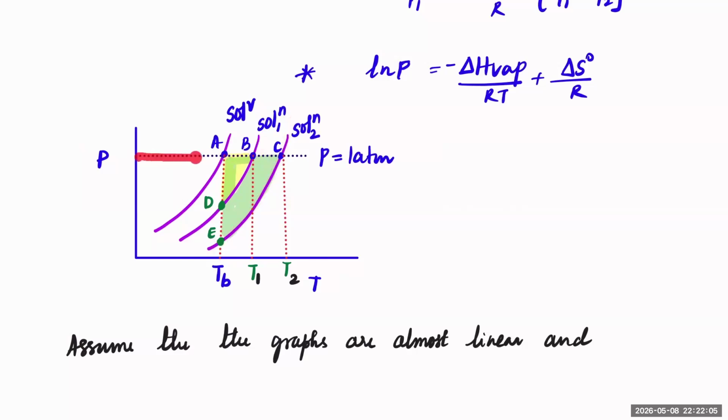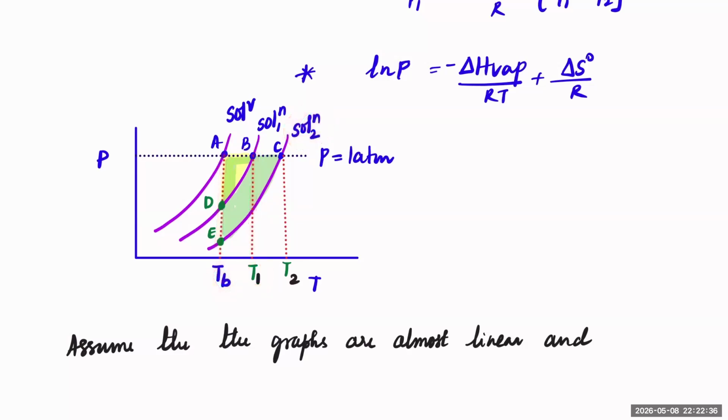Now, suppose this is a P1 atm line here, 1 atm external pressure. In that case, the point where it meets this curve, if you extrapolate here and check it out, this temperature T2 is the boiling point temperature of this mixture, next to the boiling point temperature of the pure liquid.